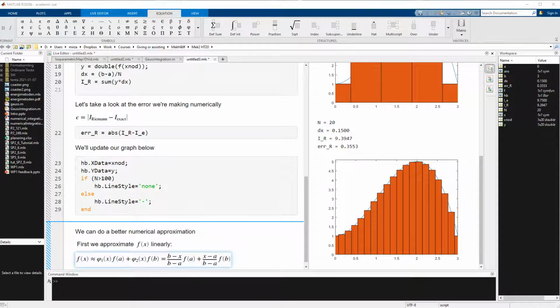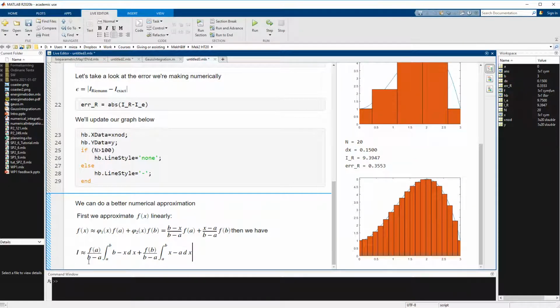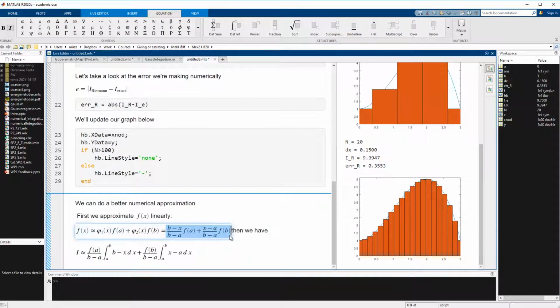All right. So our integral can be approximated by the function evaluation in a times b minus a, and then we have this integral here plus the upper bound here, x minus a dx. So this is what we have here. So that's our integral. So we're just integrating this function here.